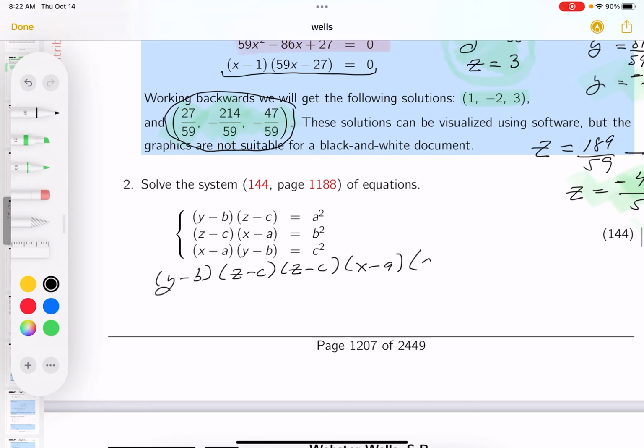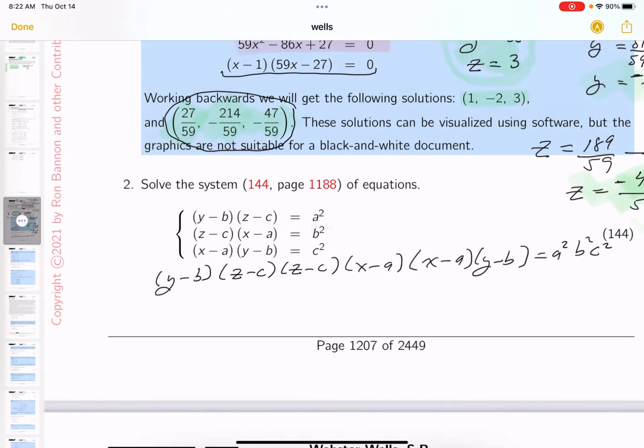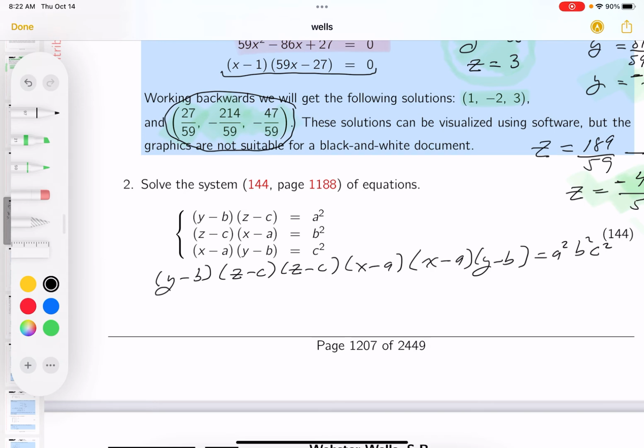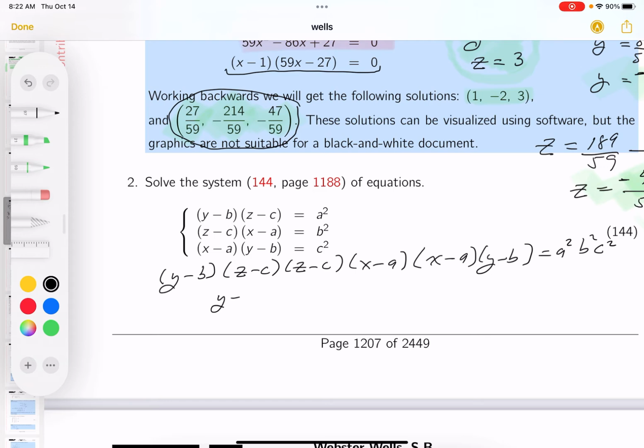Boy, it's getting really bad looking, isn't it? Let's take a look at that. Well, I'm starting to see something over here now. I'm going to make it shorter. I didn't see that before.